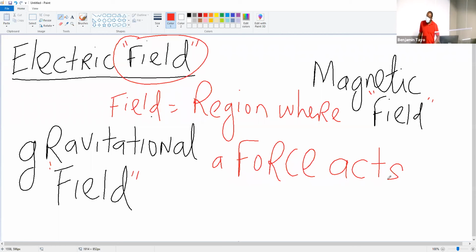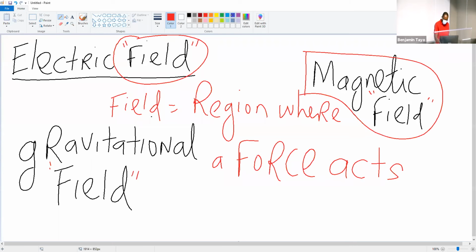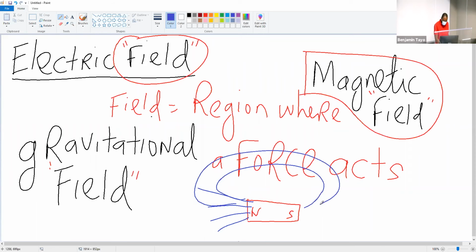So you can see that, for example, let's look at a magnetic field. Suppose that we have a magnet, then we have some magnetic field lines that are going from the north to the south and things like that.